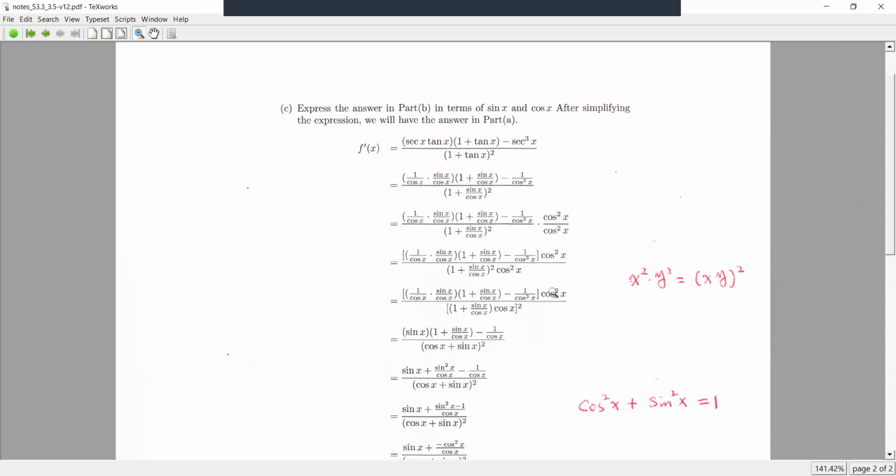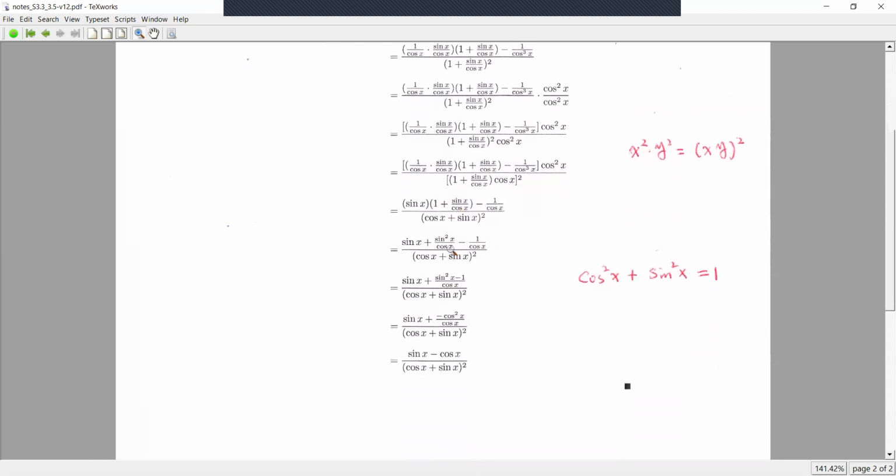Distribute cosine squared to this term and this term. Then this numerator becomes this. Now, distribute sine to 1 and to sine over cosine. Then we have this equation. Combine the second term and the third term in this numerator.